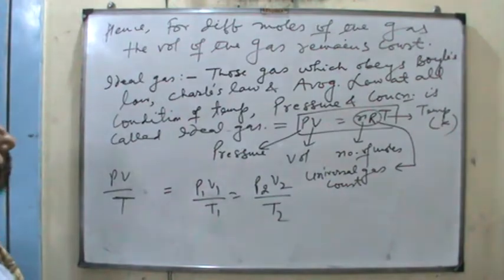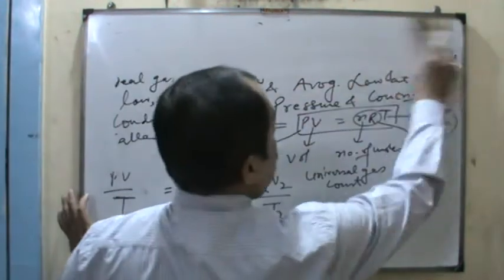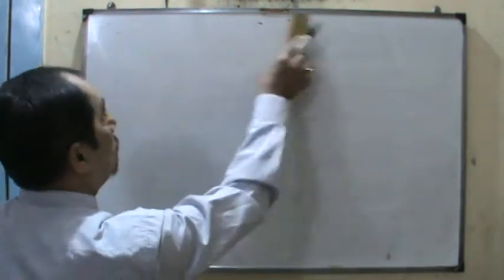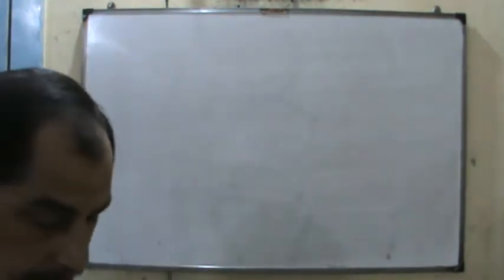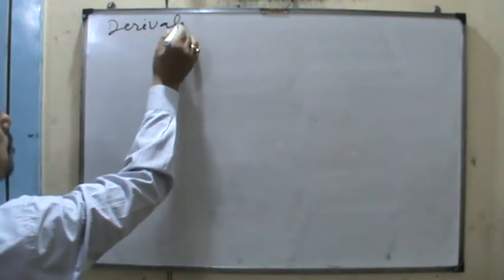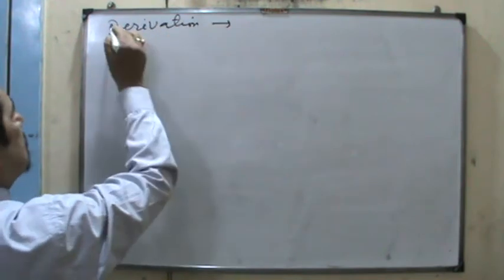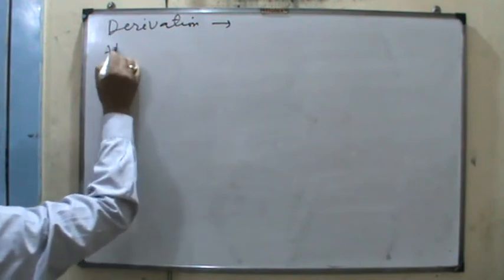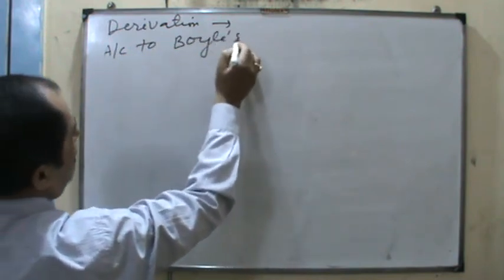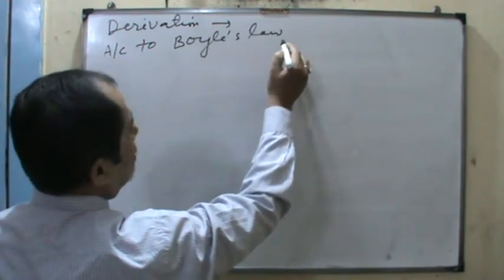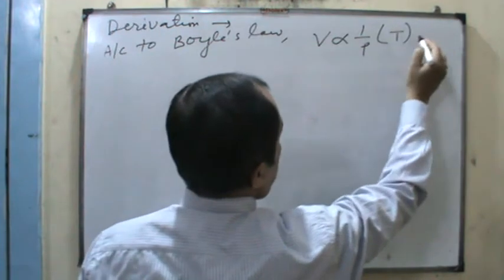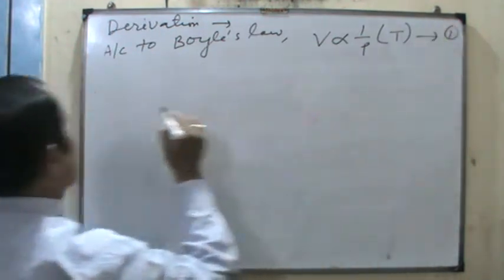See here, now we go for the derivation of this law. Derivation of the ideal gas equation. According to Boyle's law, volume is inversely proportional to pressure at constant temperature.